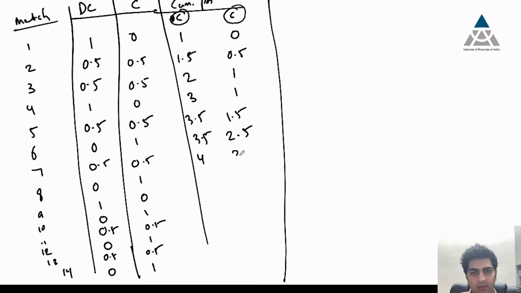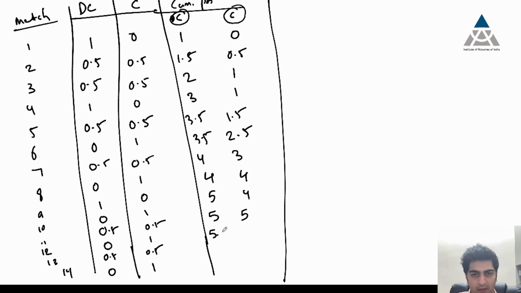Again a draw, so this was 4 to 3. The defending champion won again, so the challenger won again, so this is 4 to 4. Then you can see the defending champion won, so 5 4. Again the challenger won, so this was 5 5.